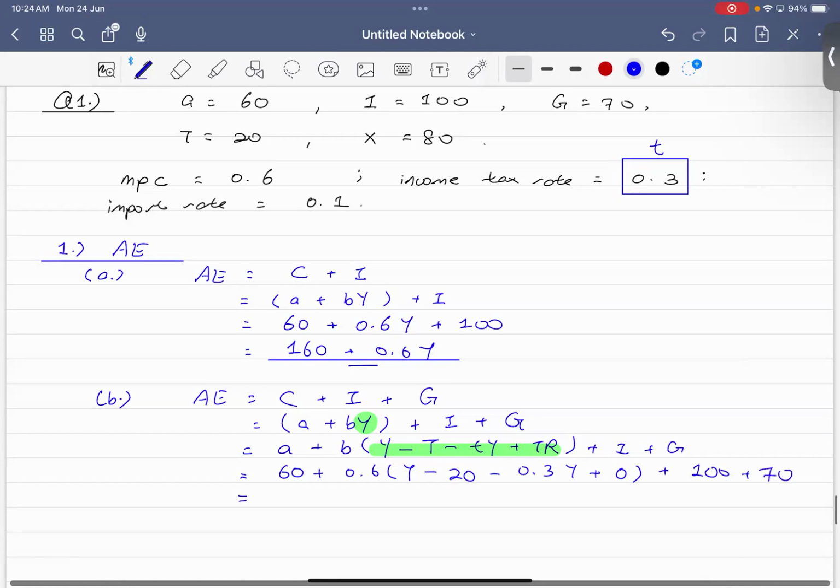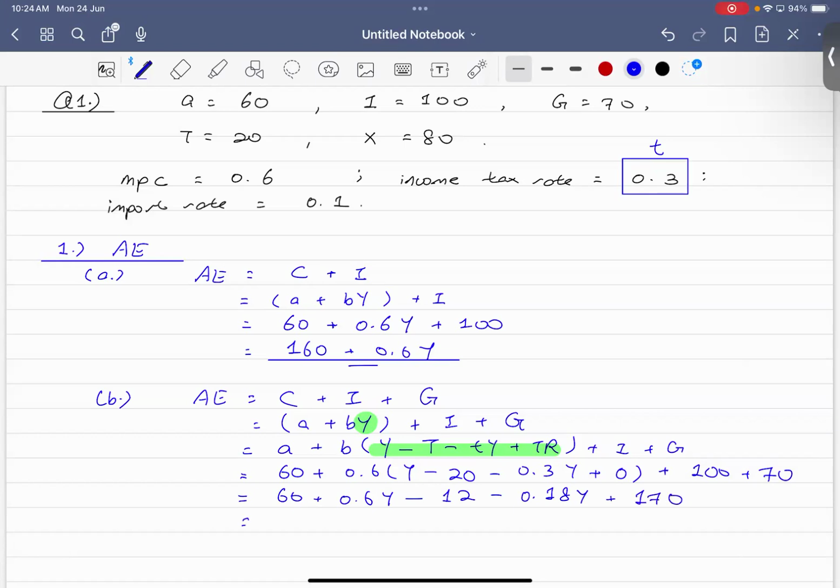Then we add it up one by one. So these are the answers. Make sure you don't make any mistake.